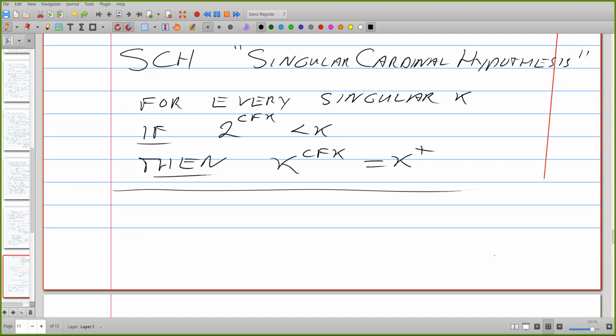And you might wonder why somebody would formulate this thing. Well, as you will see in the group interaction, this one makes life easier than the general case. Not as easy as the generalized continuum hypothesis, but relatively easy. It makes for quite a nice way of calculating those powers.